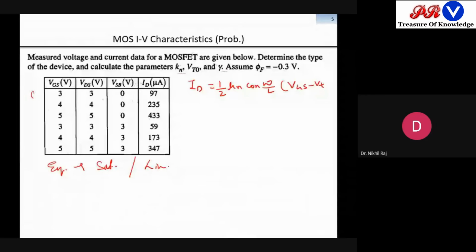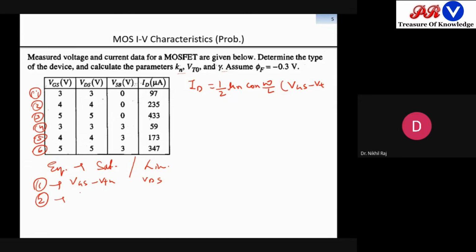This is row 1, this is 2, this is 3, 4, 5, 6. From row 1, what we see here is VGS minus VTH and what is VDS. From the second also we check VGS minus VTH and VDS.